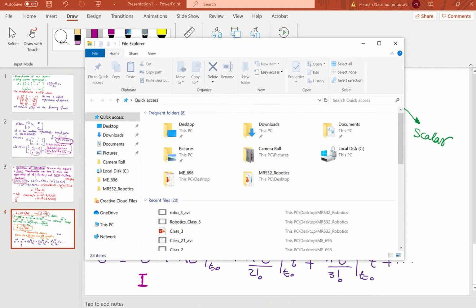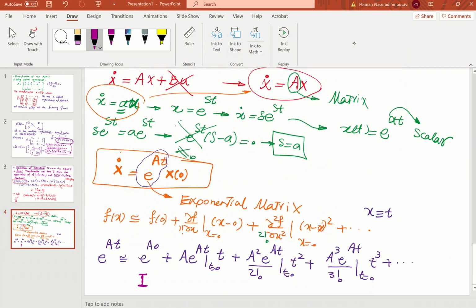So this is going to be again I, so I plus At plus again A square t square over 2 factorial plus A cube t cube over 3 factorial, until A is a matrix again, t to the n over n factorial.